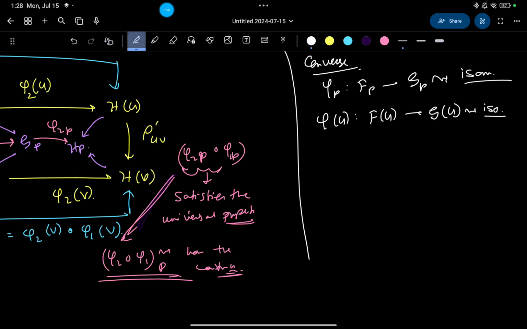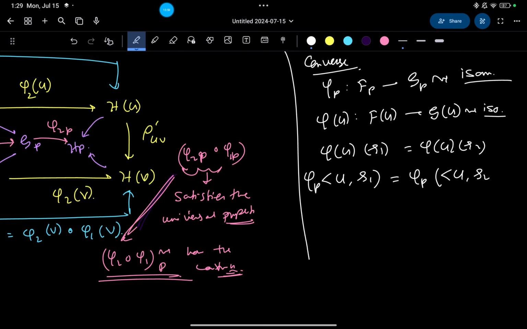So for example, let us consider that phi u of s1 is the same as phi u of s2. As both are the same, phi p of (u, s1) should be the same as phi p of (u, s2), right? So then of course (u, s1) is the same as (u, s2).